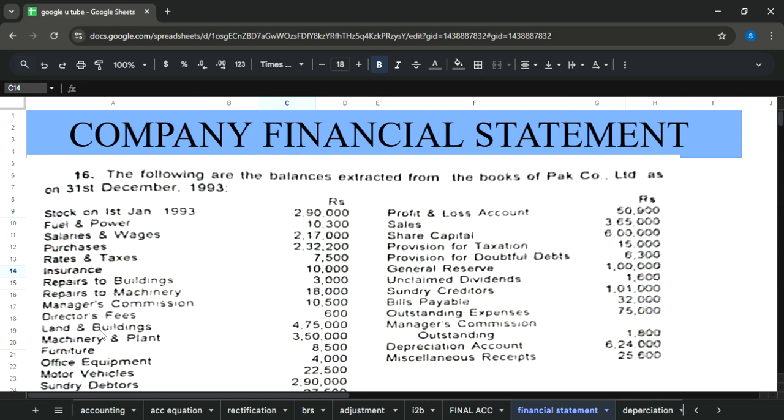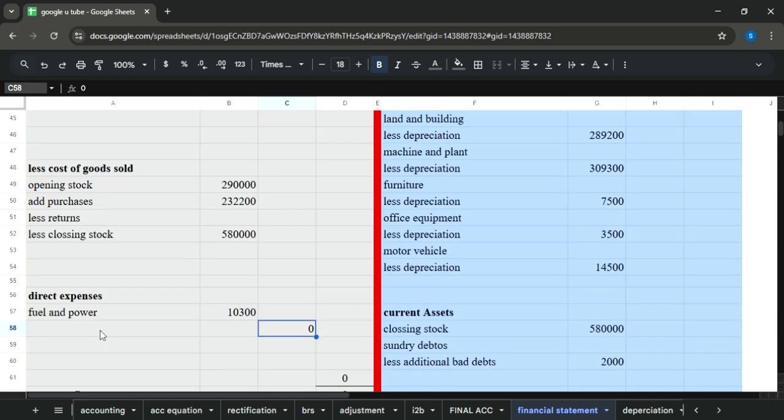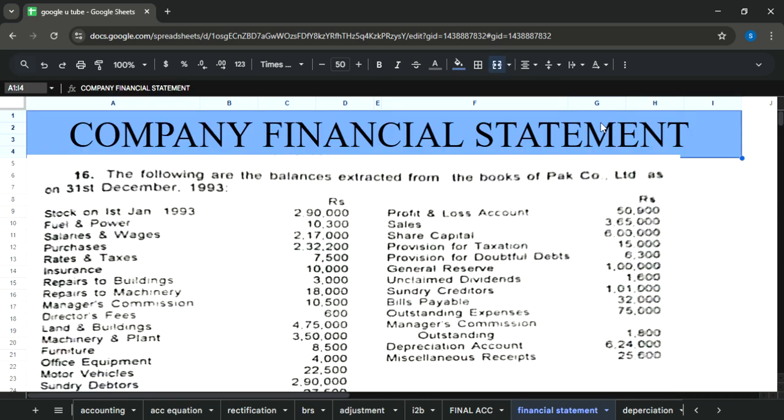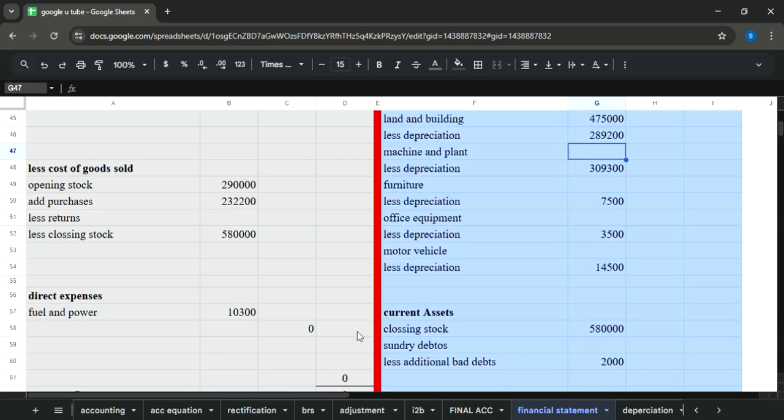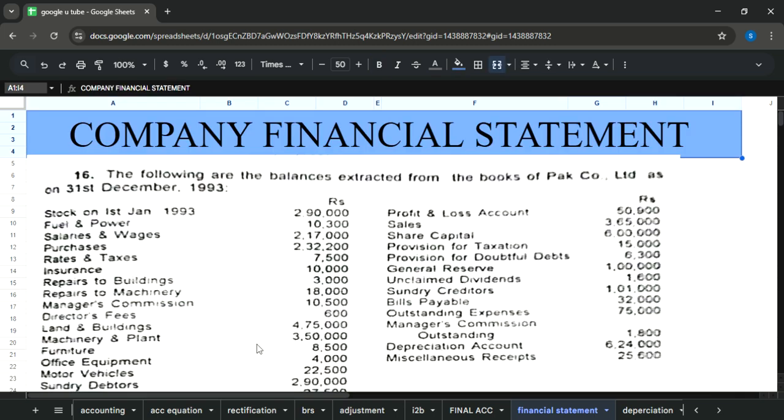Now the nature is getting different. Land and building 475. Land and building is already written, 475,000. Next, machinery and plant 350, 350 in the fixed asset side. Names are already mentioned, we are just putting the amount.